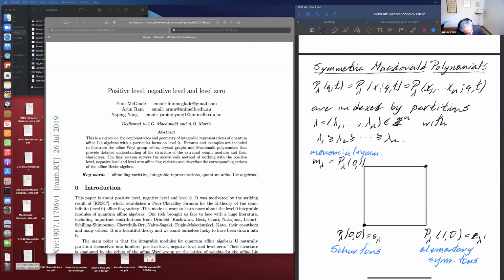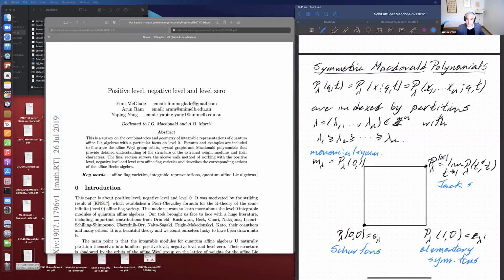These are called P alpha lambda in Macdonald's book. By definition, that's the limit as t goes to 1 of P lambda of (t to the alpha, t). And these are the Jack polynomials, the Jack symmetric functions.